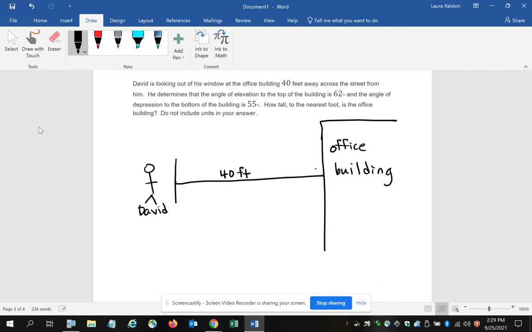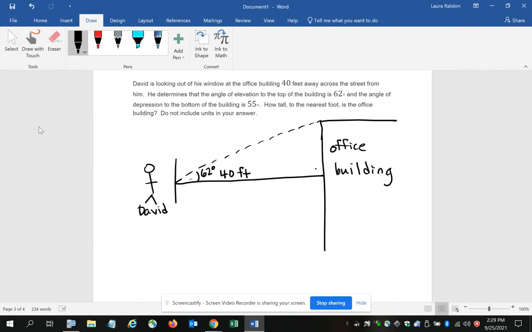Okay, so you got the office building. It says then he's able to determine that the angle of elevation, which implies he's looking up, to the top of the building is 62 degrees.